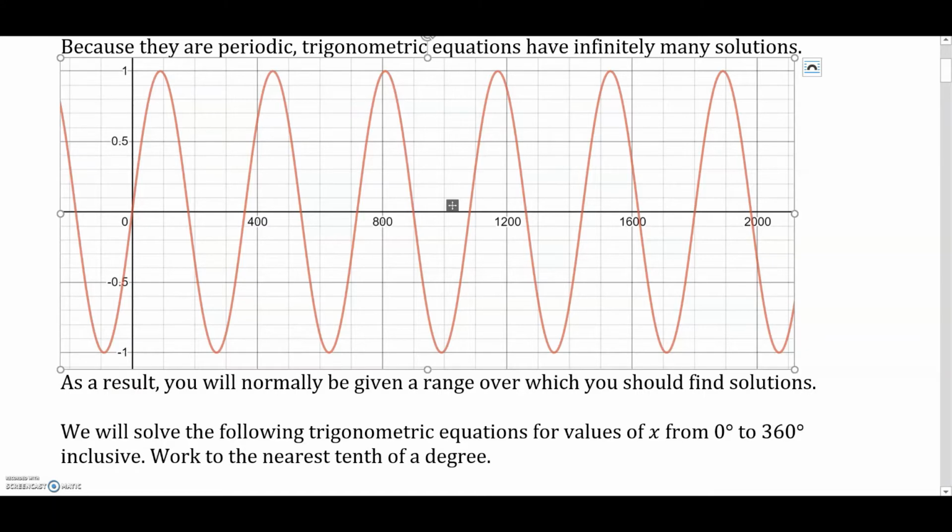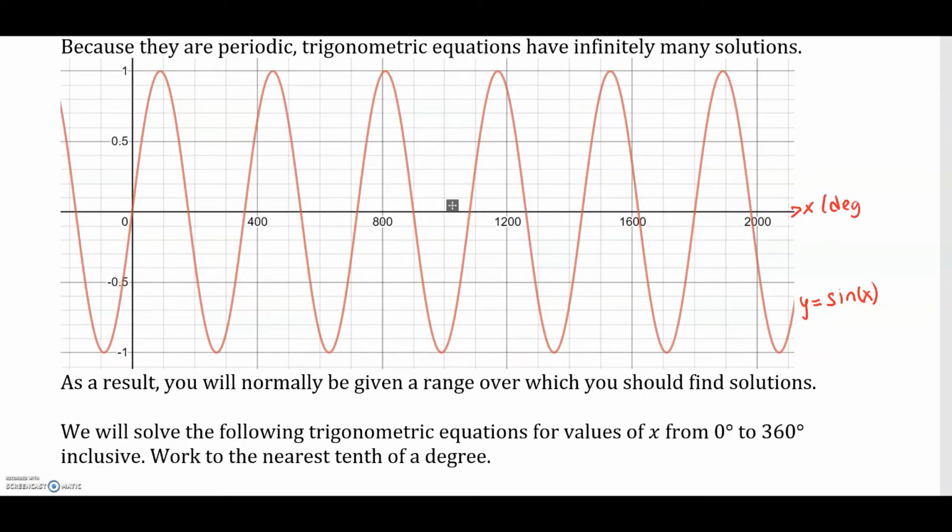Shown here is the function y is equal to sine of x, where your x-axis is given in degrees. Up until now, the majority of our axes have been labeled in pi radians. What we are looking to solve for is all the values of x such that sine of x is equal to 0.6.